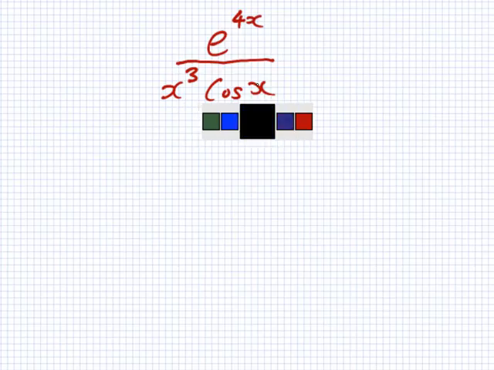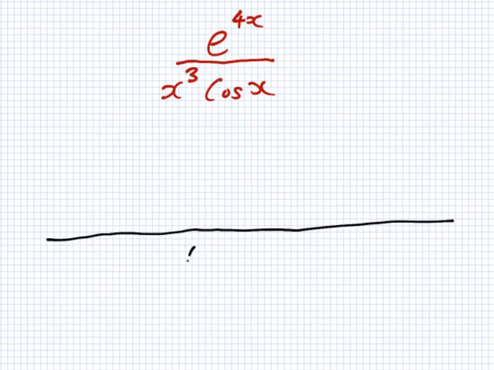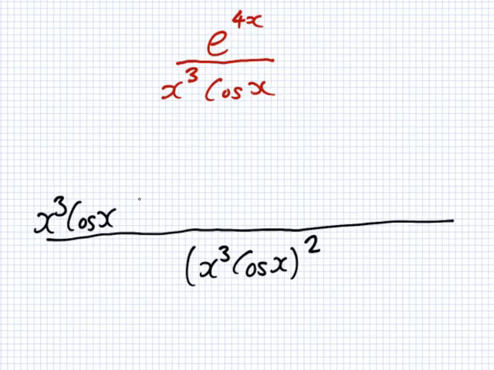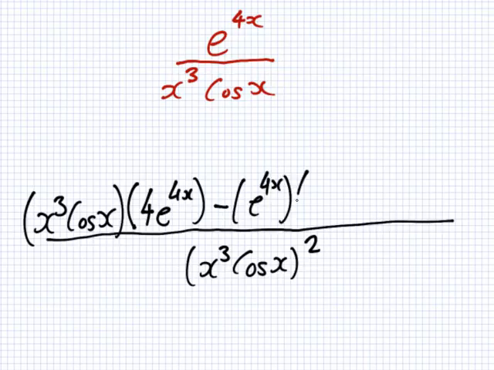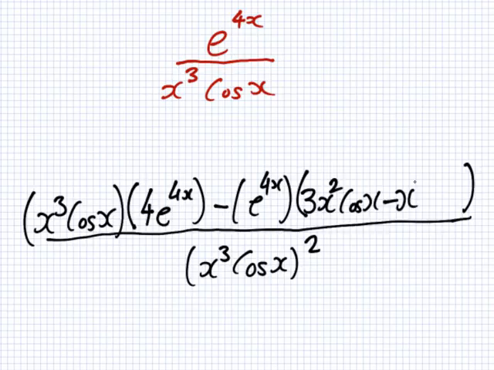Right, so first we need the quotient rule, which is the bottom squared, the bottom times the derivative of the top, which is 4e^4x, minus the top times the derivative of the bottom, which is a product rule. Which will now be 3x squared cos x minus x cubed sin x.